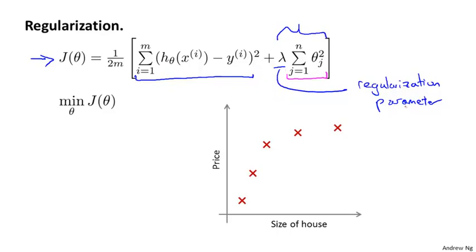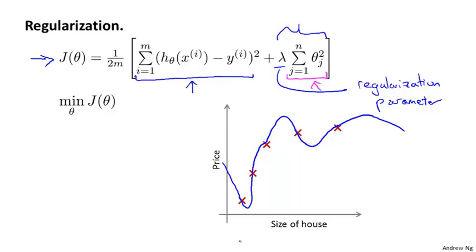What lambda, the regularization parameter, does is it controls the trade-off between these two goals, between the goal of fitting the training set well and the goal of keeping the parameters small, and therefore keeping the hypothesis relatively simple to avoid overfitting. For our housing price prediction example, whereas previously if we had fit a very high order polynomial, we may have wound up with a very wiggly or curvy function like this.